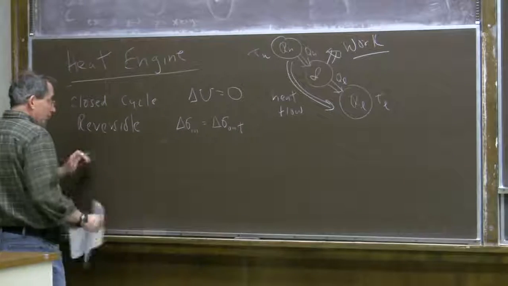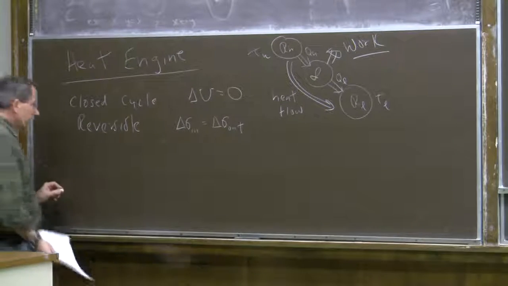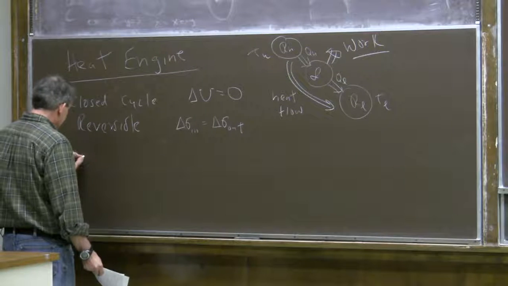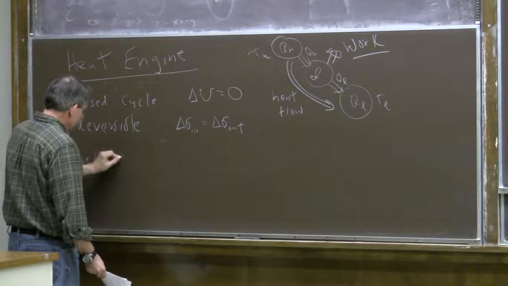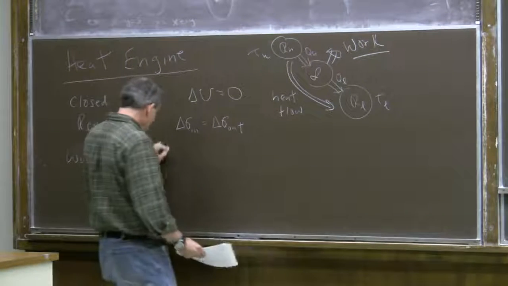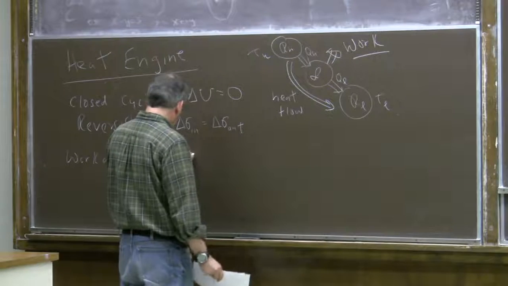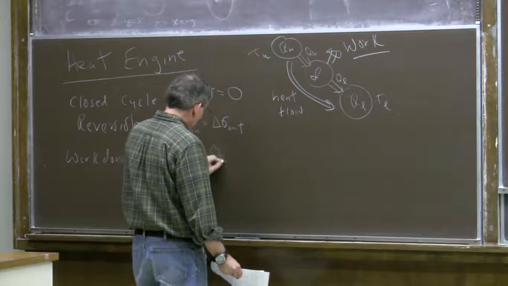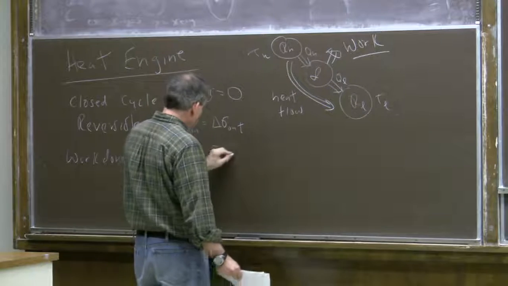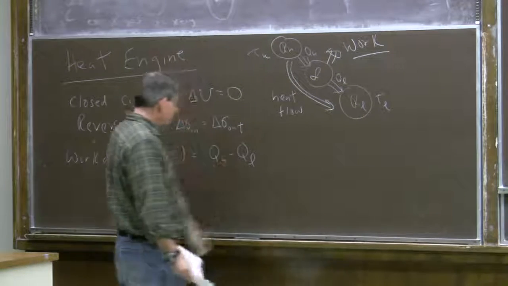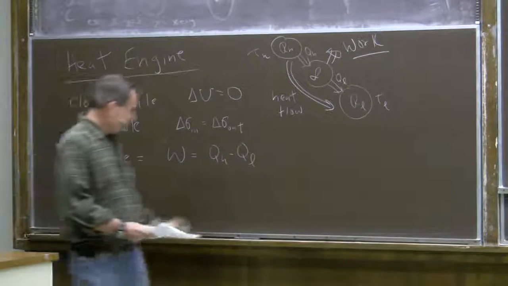And so we saw from those two conditions that it followed that the work done in a cycle, I'll call it W, because delta U is equal to 0, it's just the difference between the heat taken in and the heat expelled.